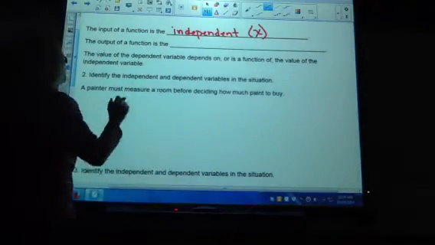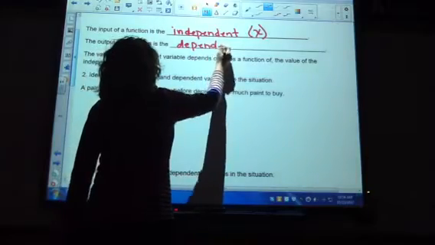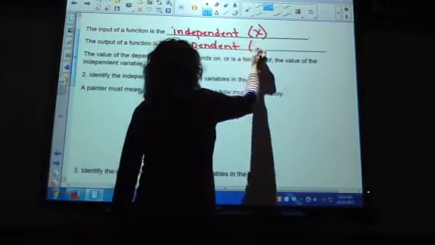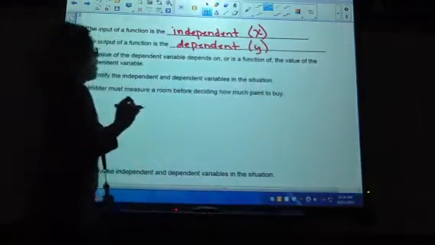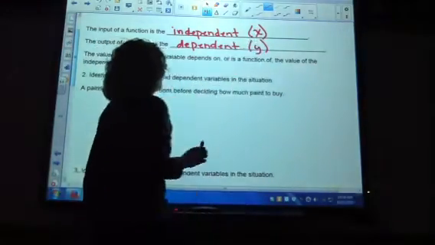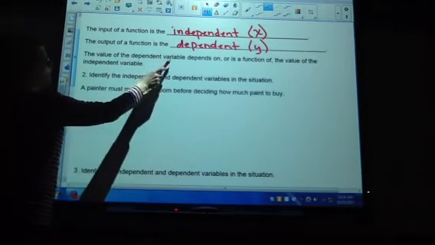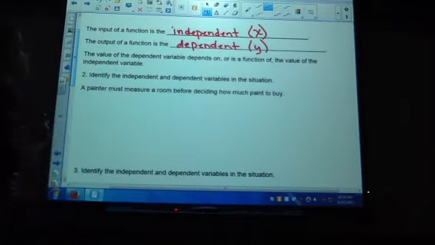The output of the function is our dependent variable, our y. Our y value depends on our x value, what we input for x. Okay, the value of the dependent variable depends on, or is a function of, the value of the independent variable. So we're going to identify the independent and dependent variables in the situation.